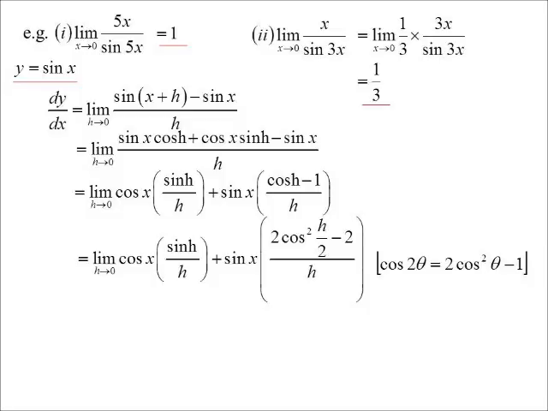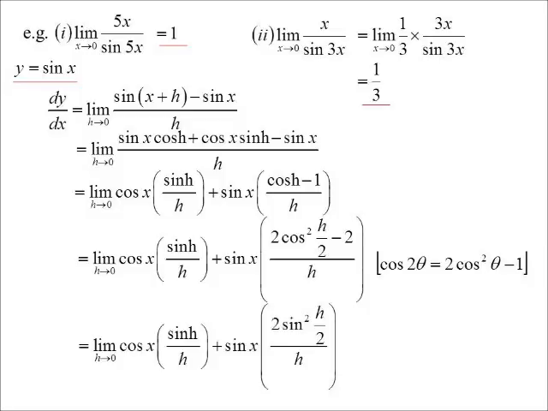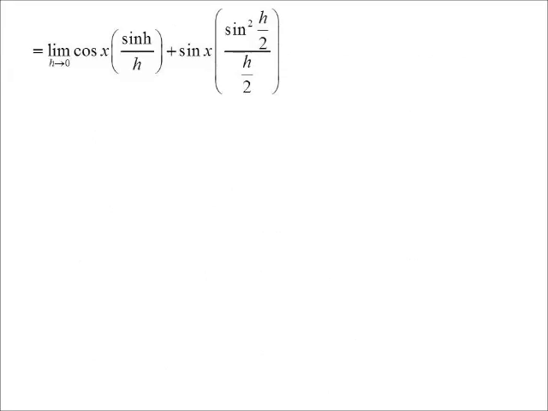But of course, cos squared minus 1, 1 minus cos squared is sine squared. So cos squared minus 1 would be minus sine squared. So that actually should be minus 2 sine squared. But as it's going to approach 0, it doesn't end up mattering that I've made that little mistake, because now I can't sub into that because the angle is h on 2.